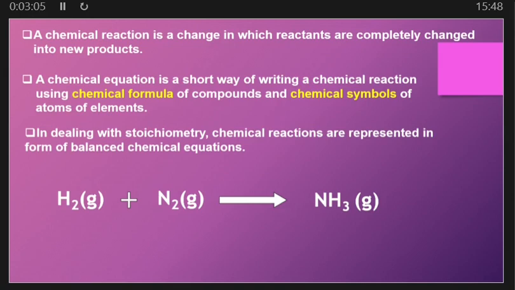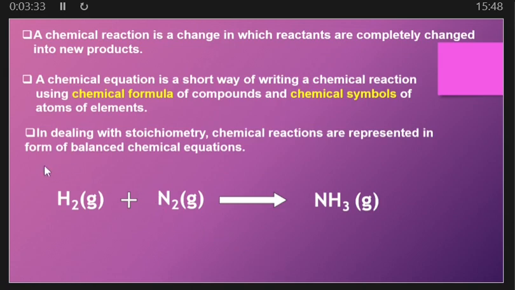This also applies to nitrogen. The amount of nitrogen on the left side of the equal sign must equal the amount of nitrogen atoms on the right side of the equal sign. So in this case, the situation as it is, this is not attained.